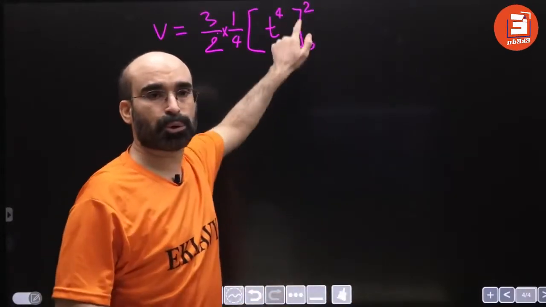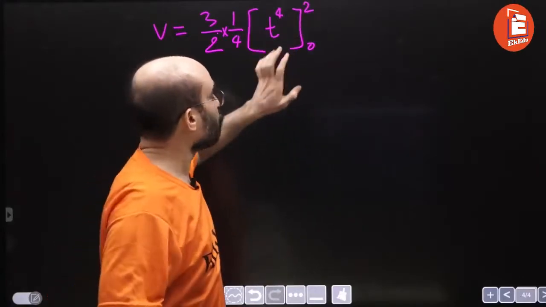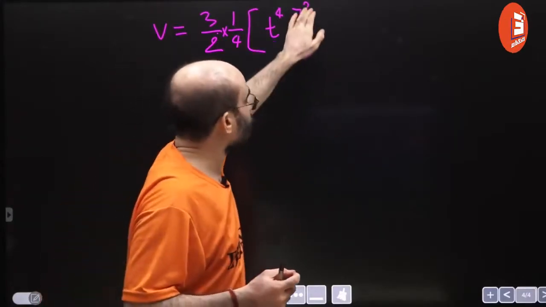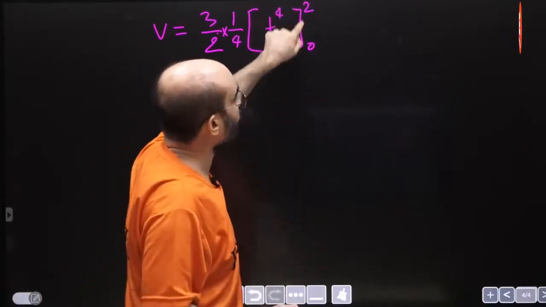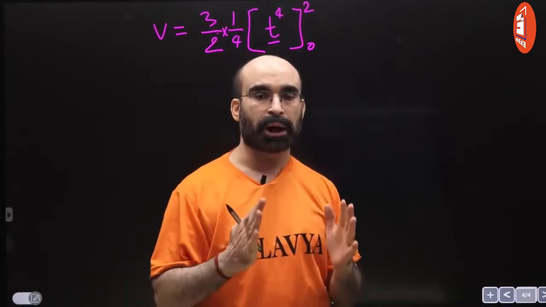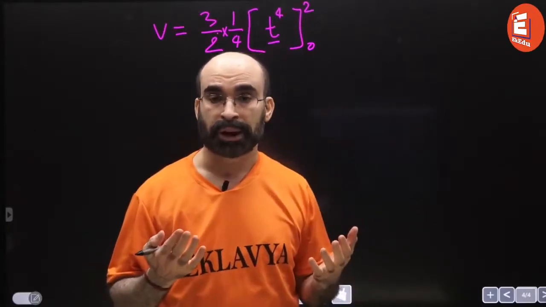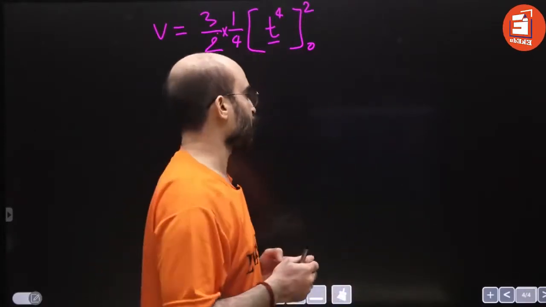When we say 0 to 2, you need to understand that t is the variable and these are the values within which you are finding out the area under the slope.